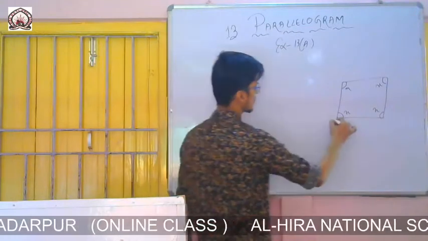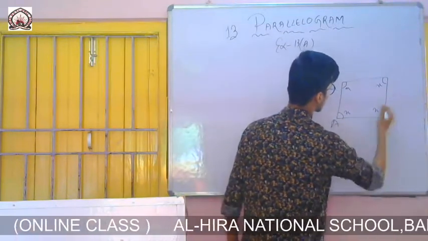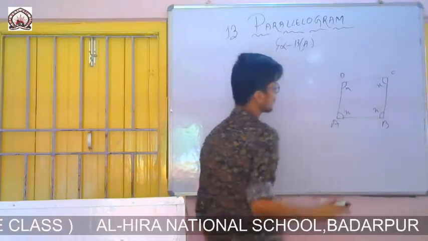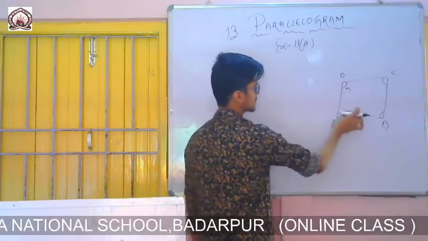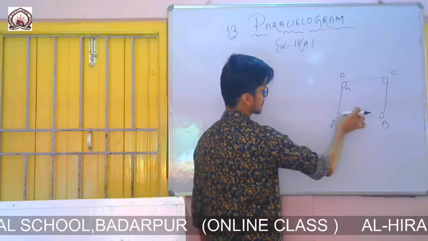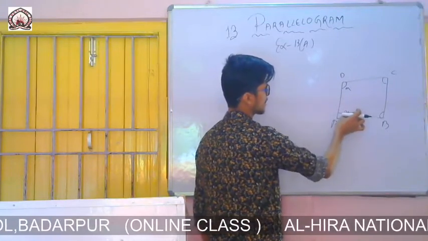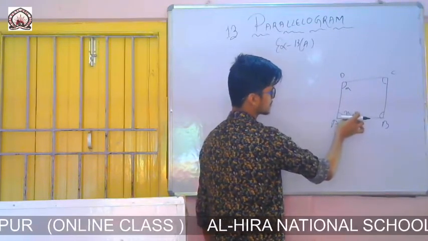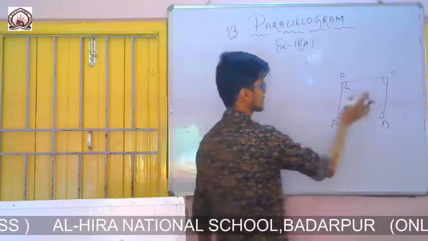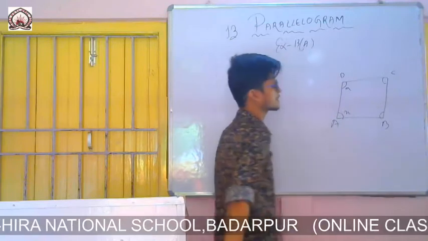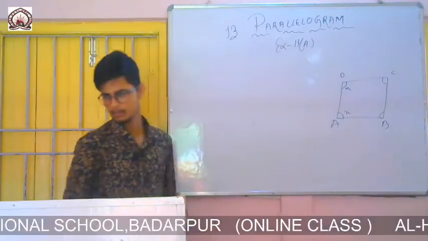So you name the parallelogram ABCD. Hope you understood. Adjacent side means the side which is just near to this one, and adjacent angles are also the same. The angle just near to this one I am taking as x, and the angle near to this one also as x. It is given in the question that the adjacent angles are congruent, or we can say equal.